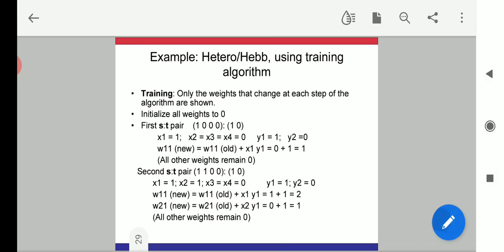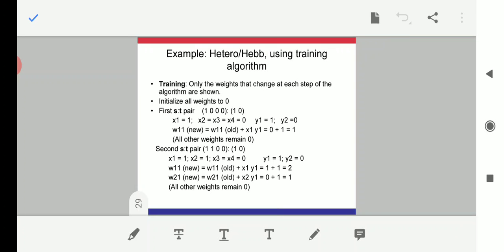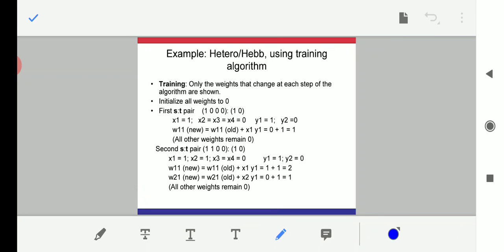We have already calculated w11 for ones, it was 1. So this is used here as w11 old.